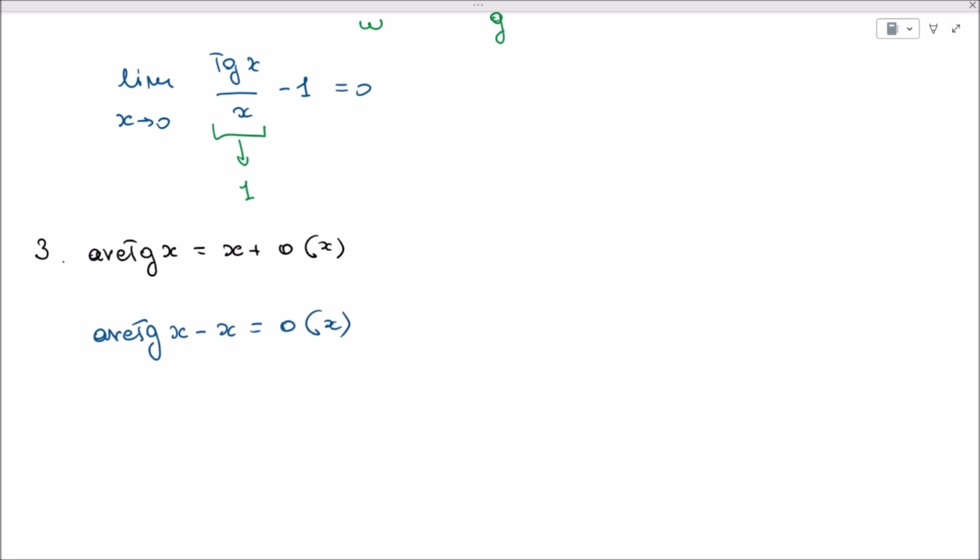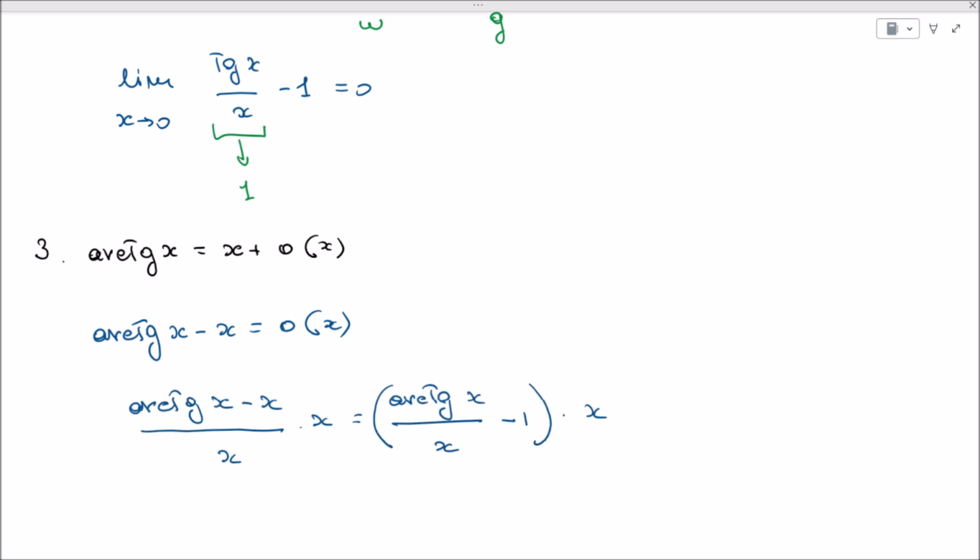Dividing and multiplying by x, we have arctangent of x minus x divided by x times x, which is arctangent of x divided by x minus 1, all multiplied by x.